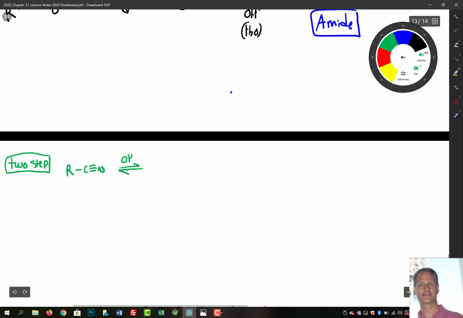And then with hydroxide here and our aqueous conditions, that would give us our amide, and then hydroxide with heat here would give you your carboxylate, right?